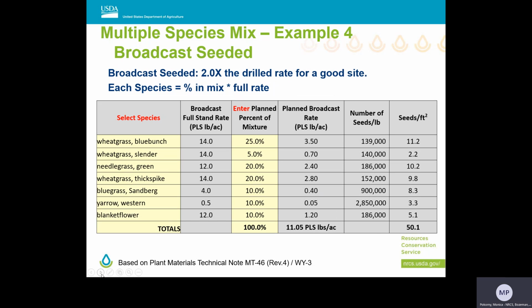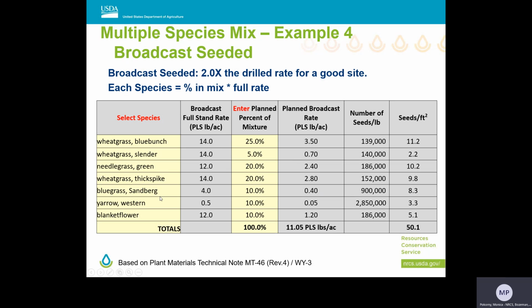The next seed calculation that you need to know is what to do when you're broadcast seeding versus drill seeding. So if you're broadcast seeding, seedling establishment tends to be lower than if you're drill seeding. And to compensate for this, we increase the seeding rate in a broadcast seeding by doubling the rate that we would use for a drill seed rate on a good site.